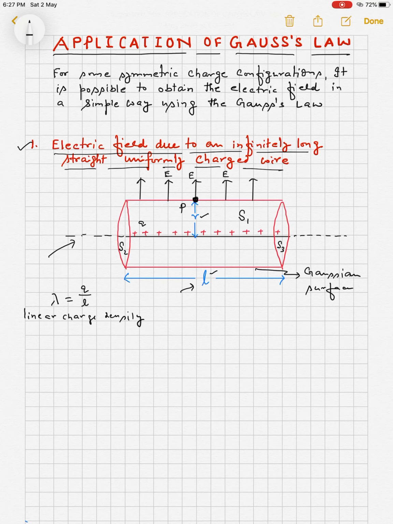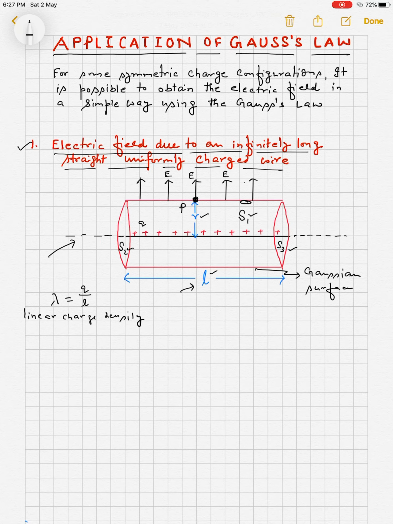So to find the flux, we consider this cylindrical Gaussian surface having three surfaces. One curved surface S1, another plane surface S2, and the third one S3. These are the three surfaces through which we have to find electric flux. Suppose we consider a small surface element of area ds.